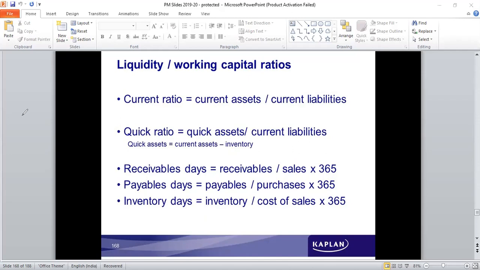So the formula would be, in a year there are 365 days, so 365 days divided by receivables turnover ratio. But what is receivables turnover ratio? Receivables turnover ratio is equal to credit sales divided by receivables.